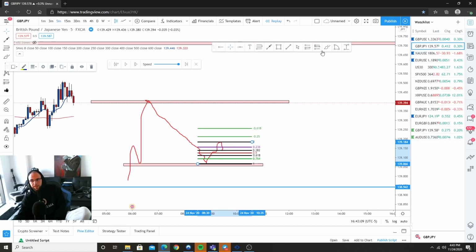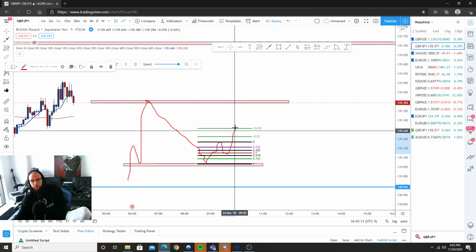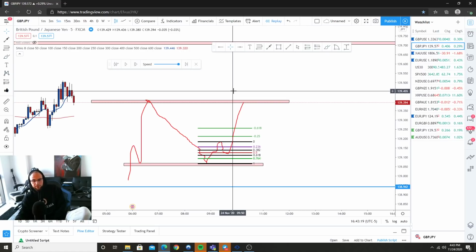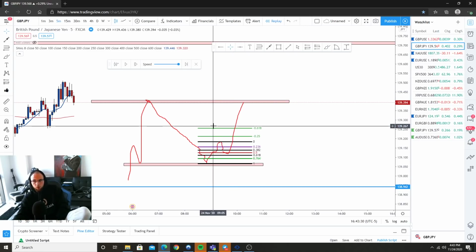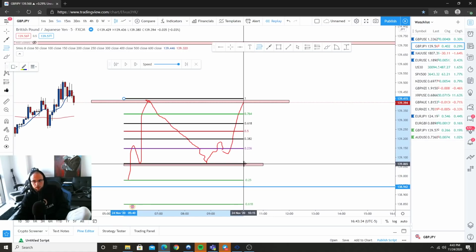And then I will take a buy once price gets within my fib zones, and then I'll target back resistance. I've noticed a lot in my London live sessions when we take this trade, a lot of people always ask, Daniel, why are you gonna buy there if price made resistance and it's coming back down to support? Don't you wanna run your Fibonacci from this swing high to this swing low?